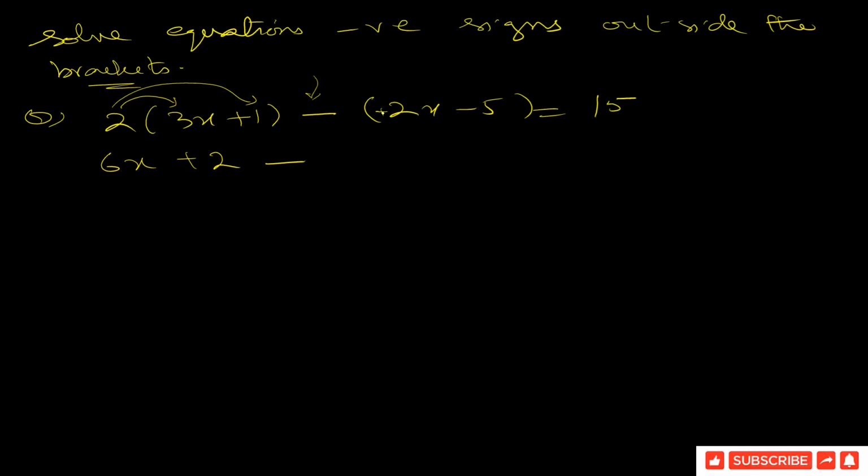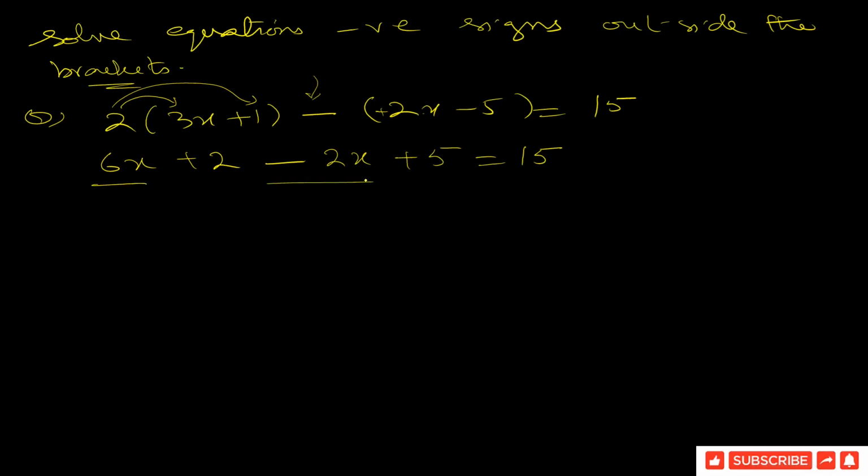So 2x had nothing on its left, which means it was positive. So this plus will convert into negative 2x, and this minus will convert into positive 5. 15 will have no change. Now we solve the like terms, because this is addition or subtraction. In addition and subtraction, we always solve like terms with like terms. So 6x is added to negative 2x.